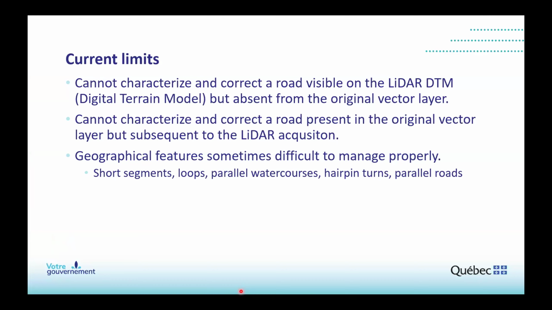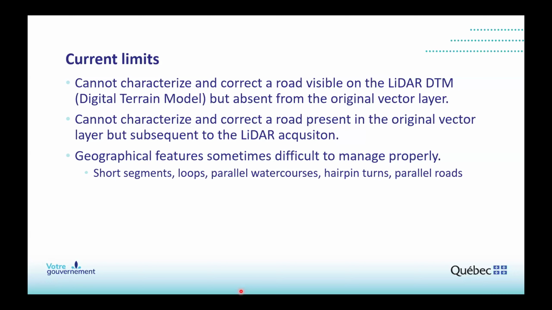The current limits of this approach: it cannot characterize and correct roads visible on a LiDAR but absent from the original vector layer. It cannot characterize or correct roads present in the original vector layer but subsequent to the LiDAR acquisition.